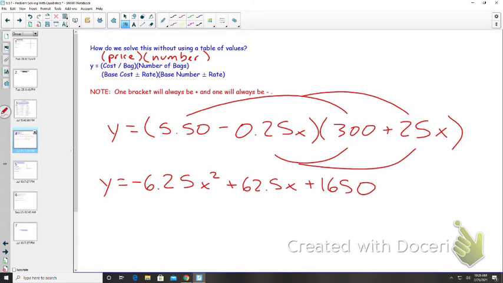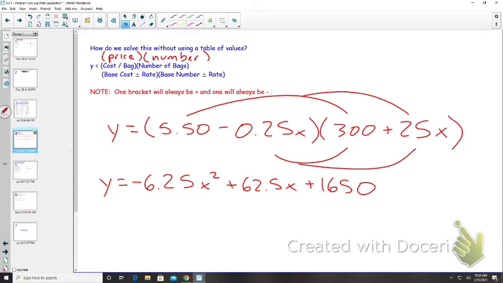I just skipped a few steps, but I expanded what was in the brackets. I don't want you to worry about that too much right now.